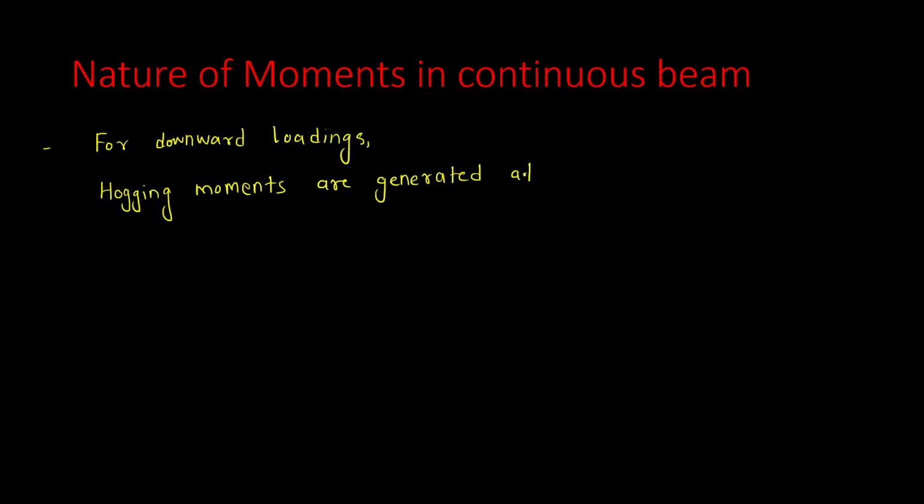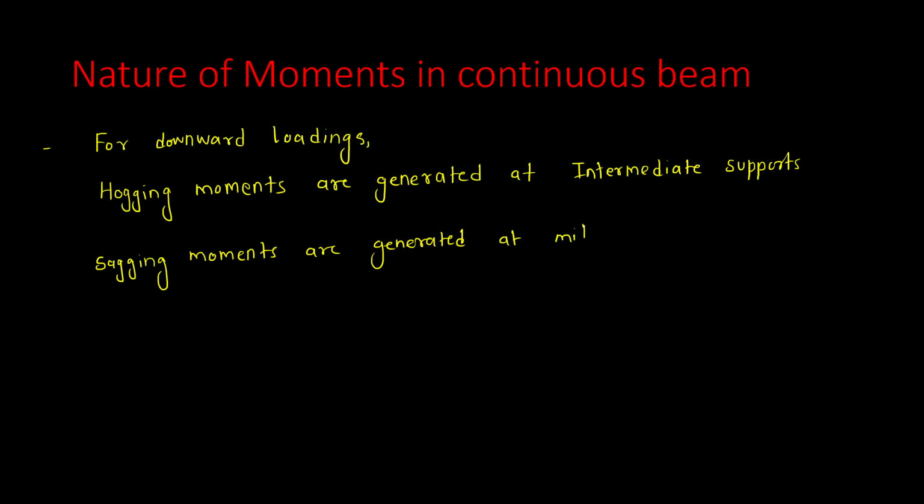So we'll write down one statement about what we have understood here: for downward loadings, hogging moments are generated at intermediate supports, and sagging moments are generated at midspans.